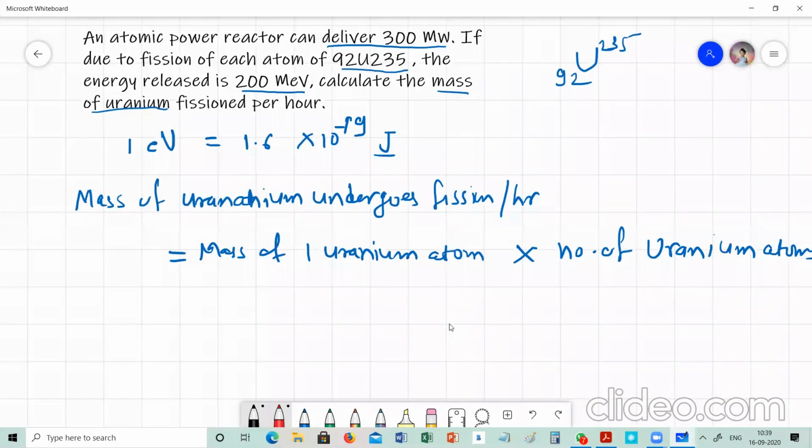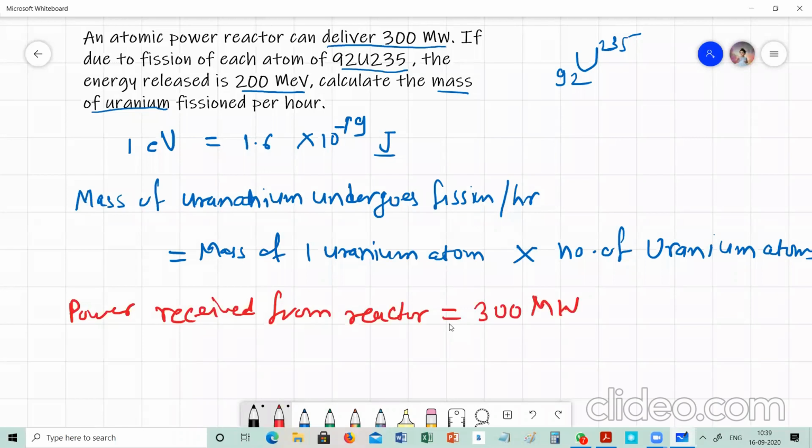Means power received from reactor is equal to 300 megawatt, which is equal to 300 into 10 raised to 6 watt. Again, it is equal to 3 into 10 raised to 8 watt.